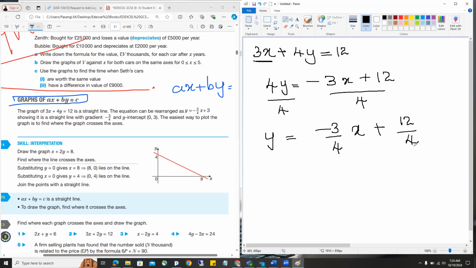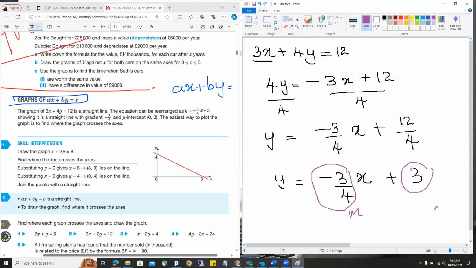We can simplify it further: y is equals to minus 3 over 4 x plus 3. Here we have the m, and here we have the c. That's what they have given here.